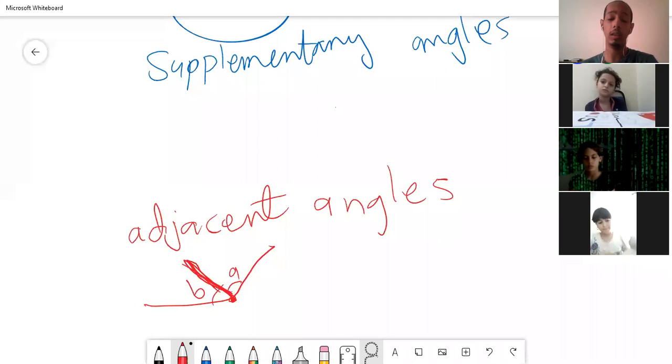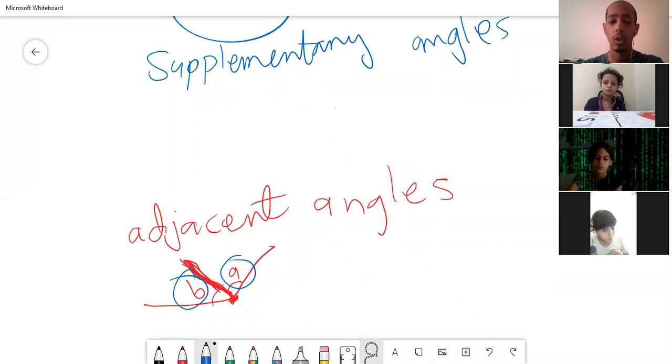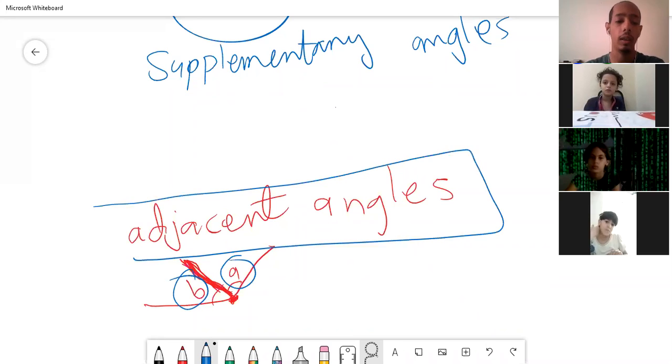Adjacent means next to each other, so angle A is next to angle B. So we call them adjacent angles.